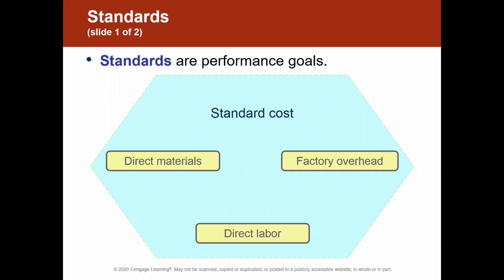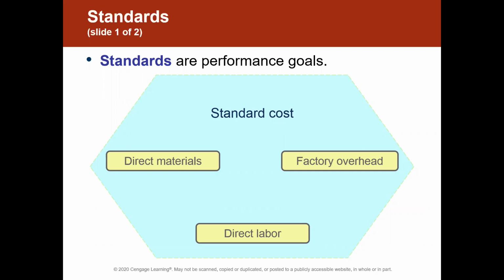Now, similar to what we talked about with capacity, that we've got that ideal or theoretical capacity, we can talk about theoretical standard costs or, in a perfect world costs, but we don't think that's actually going to happen. And so for the most part, we want these standard costs to be realistic. This is what we believe we can do, but it is something that's a goal. It's not something we expect to just happen. It's something that we are working toward.